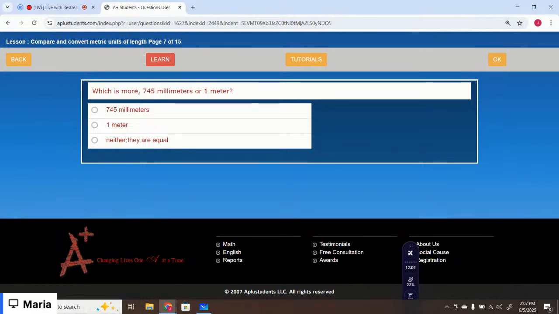Which is more, 745 millimeters or 1 meter? 1 meter is more than 745 millimeters. Option number two is the correct option.